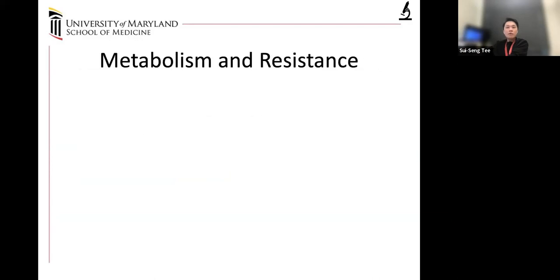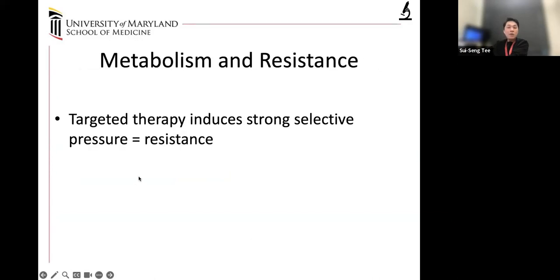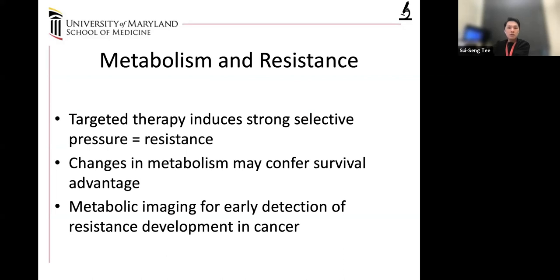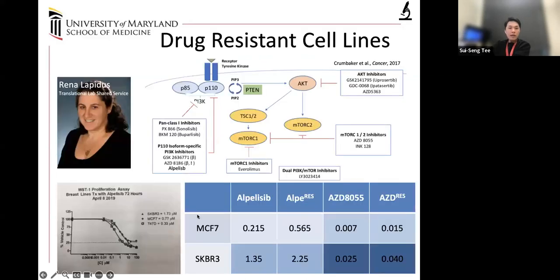Finally, we've also done some work in resistance, where we hypothesize that when cells become resistant to PI3 kinase inhibitors, the metabolism converts back to when it was not treated. So basically, resistant cells will have high lactate. We're in the process of doing this, where I've worked with Rena Peters, who is the head of our translational core, where we are now switching to breast cancer, where we make cells resistant to either PI3 kinase inhibitors or different inhibitors.